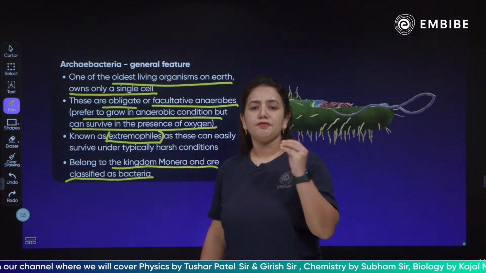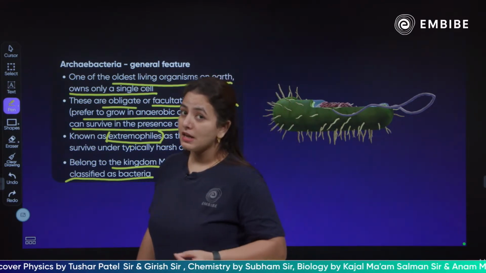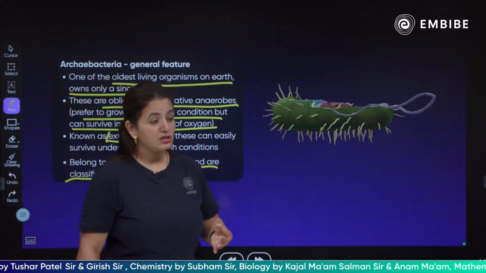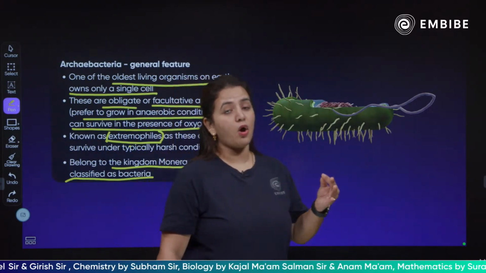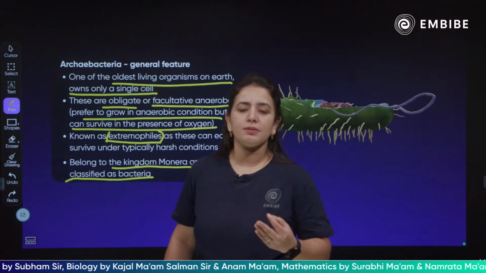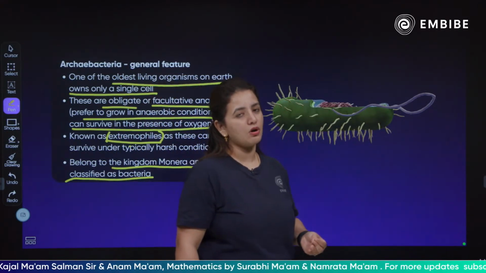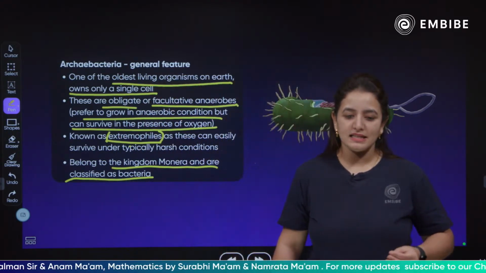So these are a few general characteristics of Archaebacteria: they can survive in extreme conditions, they can be typically obligate and facultative anaerobes but can also survive in the presence of oxygen, and they are the oldest living organisms on earth, owning a single cell.